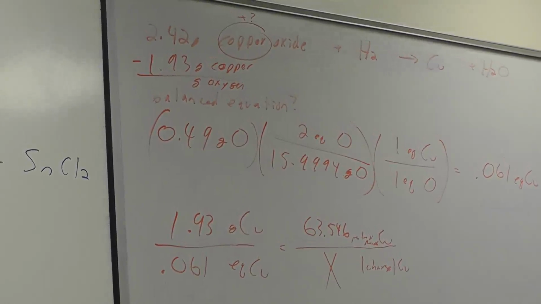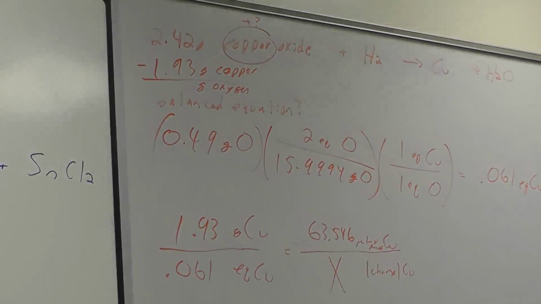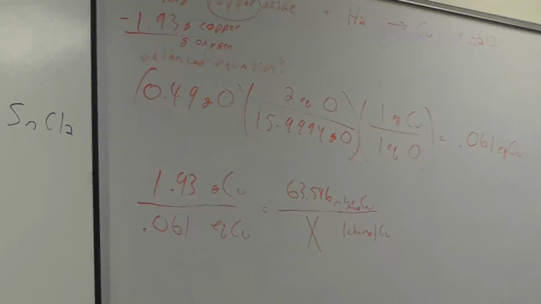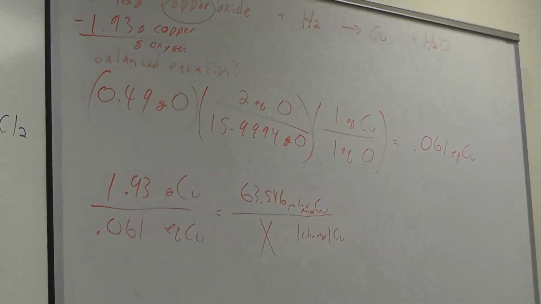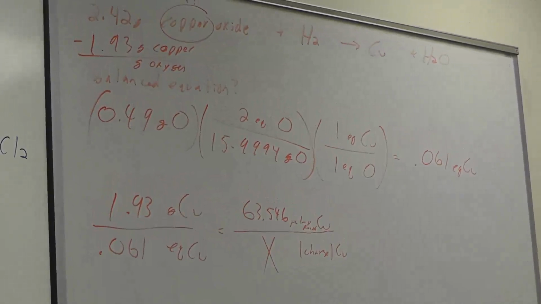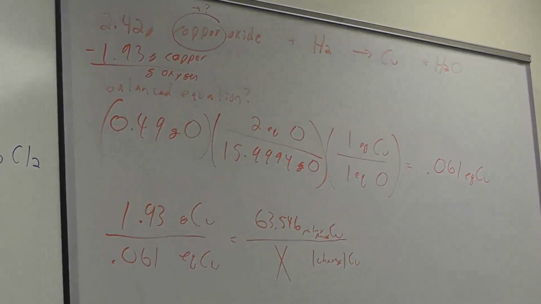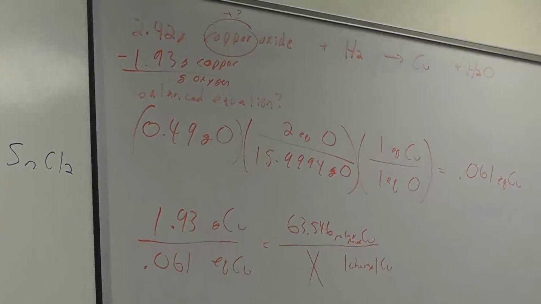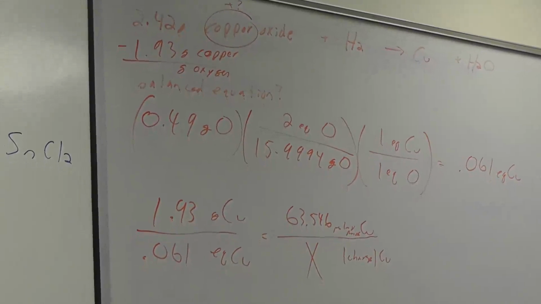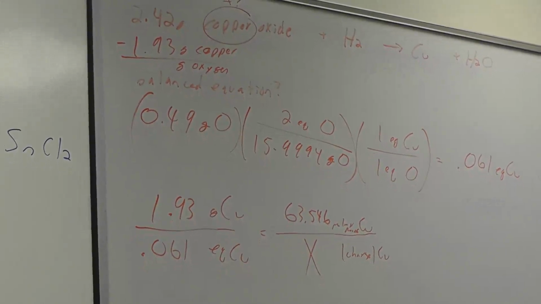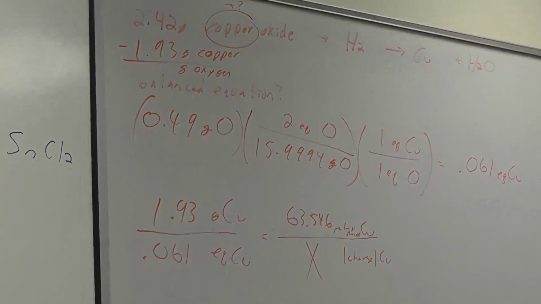Easy mistake to make. I plugged in the 2.42 grams of copper oxide, not the 1.93 grams of copper. Everything that goes in that equivalence formula has to be for the copper. So I goofed. 1.93 divided by 0.061.